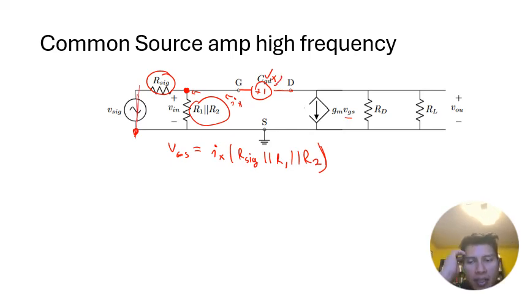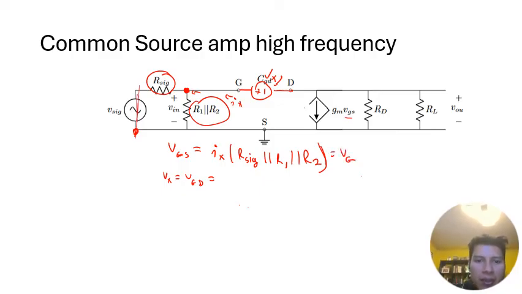So in this particular case, we have that Vx is equal to VGD, and remember that Vs is 0, so VGS is actually equal to VG because Vs is 0.